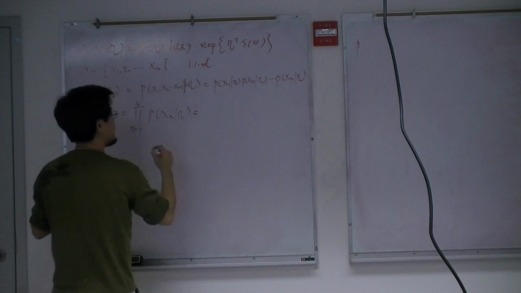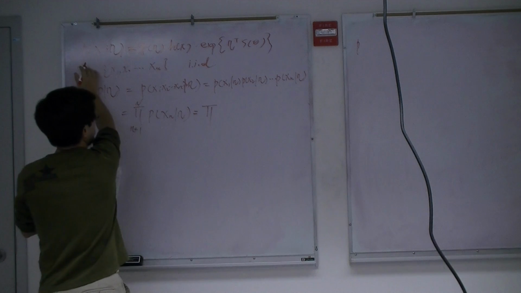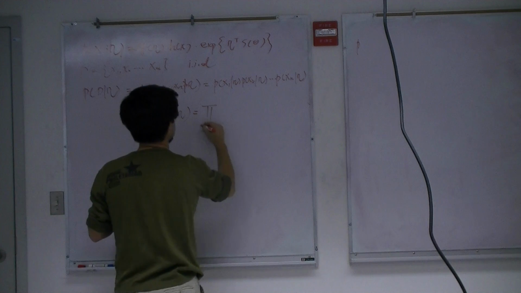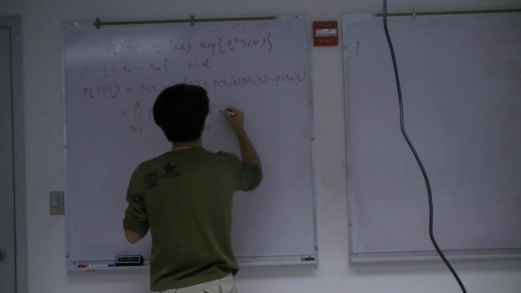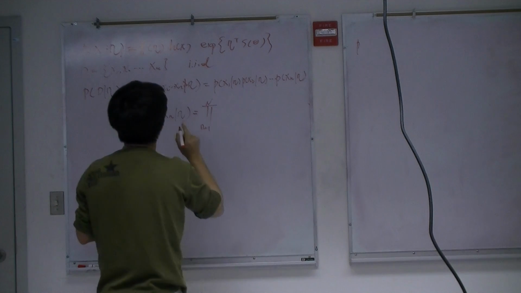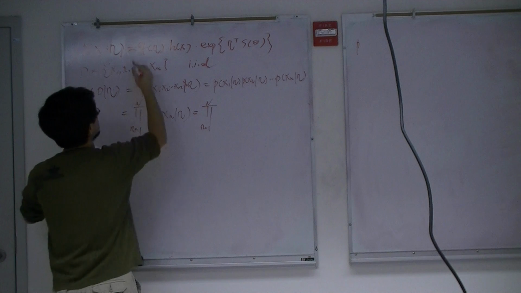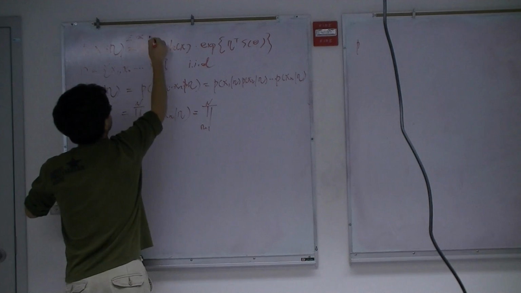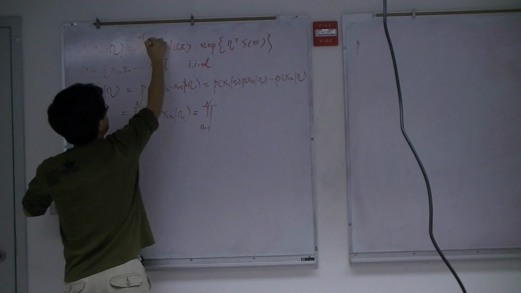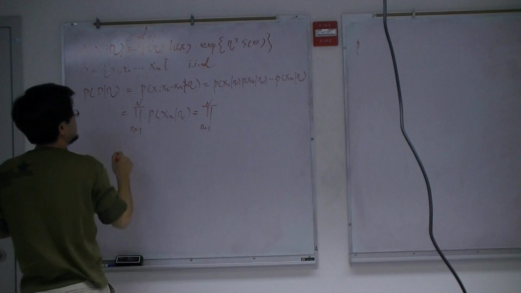Let's substitute this p into here. For the convenience of computation, we assume there is a Z, which is equal to Z of beta, where 1 over Z of beta is equal to g of beta.